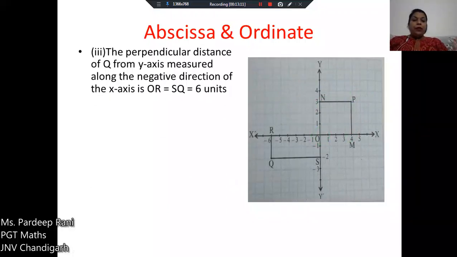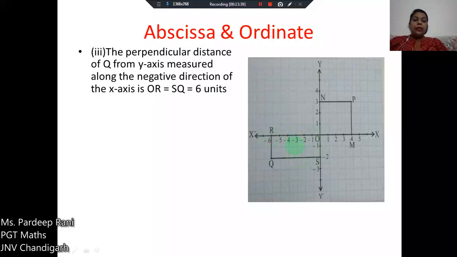If we come to the point Q here, the perpendicular distance of this point from the y-axis measured along the negative direction of the x-axis is 6 units and is also equal to the distance RO, which is equal to XS, or you can say OR also.